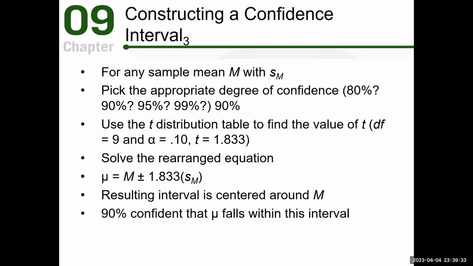So we go down to 9, go across, 10%, two tails, and you should see a plus or minus 1.833. And I'm going to go over an example real quick to show you how that works with the examples that we've already used, and then we'll get out of here.